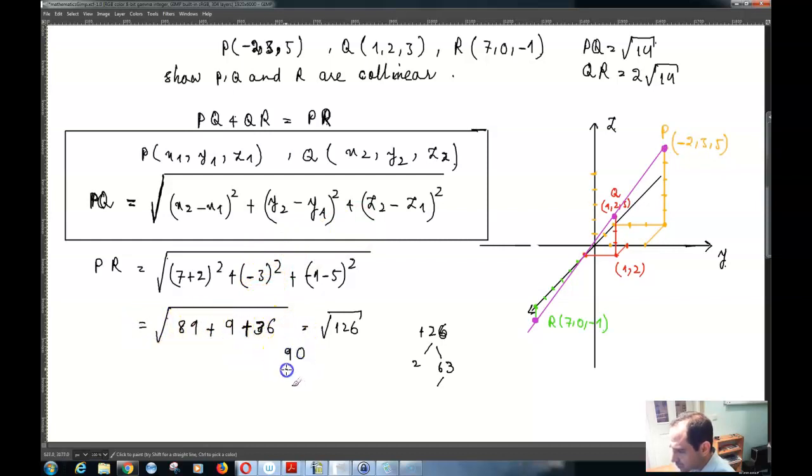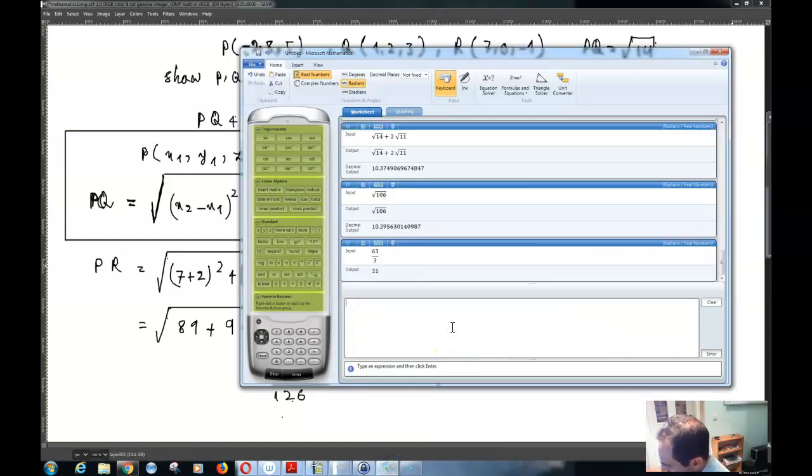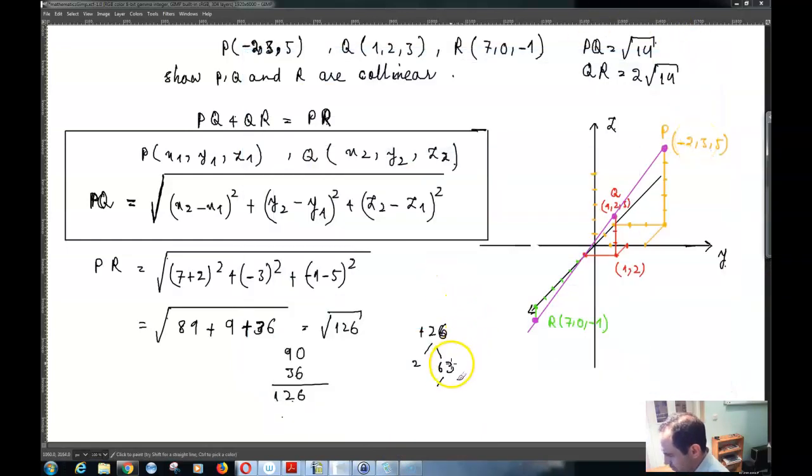So 90 plus 36 is equal to 126. And 63 divided by 3 is equal to 21.